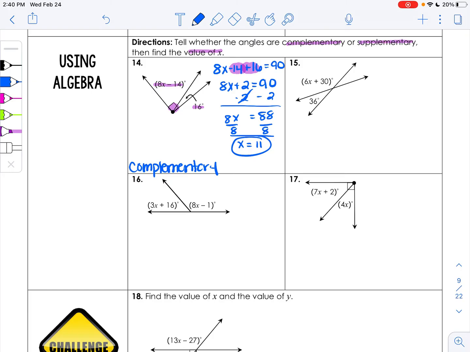I can do the same thing for 15. I know that this angle is 6x plus 30, and this one is 36. If I draw in my arcs that connect the two angles, I can see together it makes a straight angle. I know straight angles equal 180, so these two are supplementary.